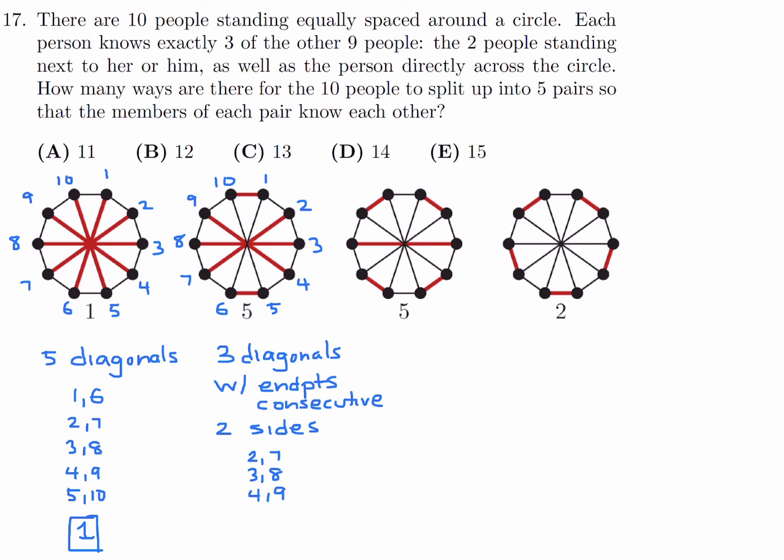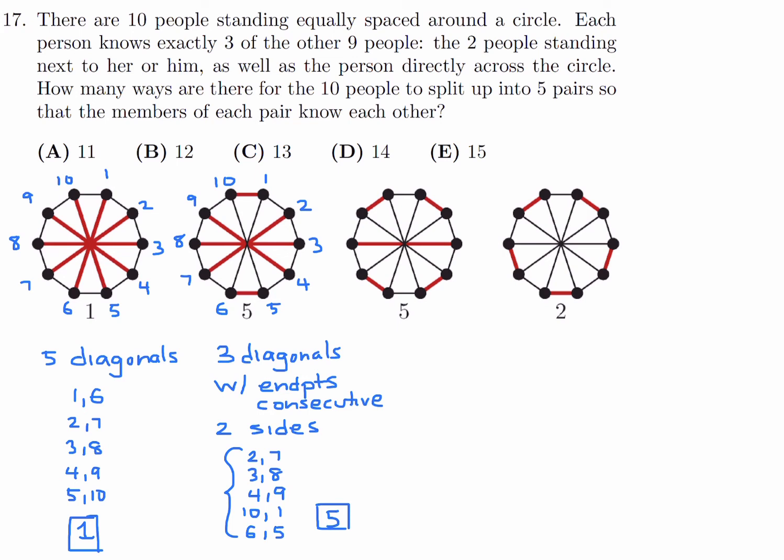Those come from the diagonals. And then from the sides, you get 10 and 1 and 6 and 5. So that is one way of doing it. But you can choose this in different ways. There are 5 different ways of doing this scenario.